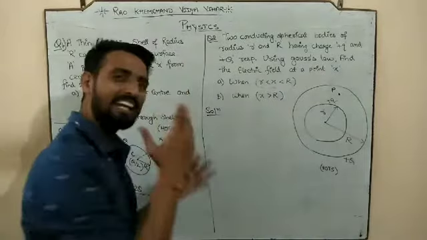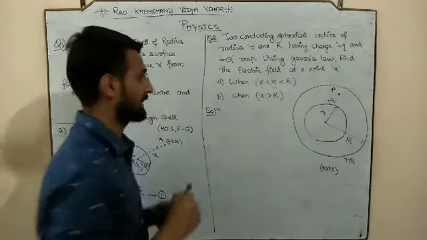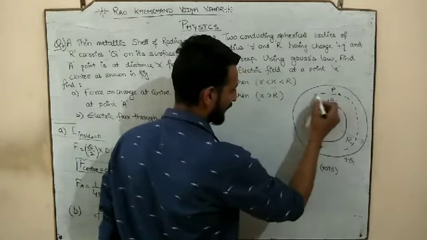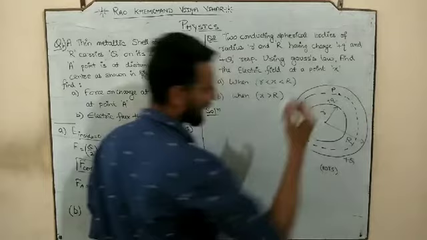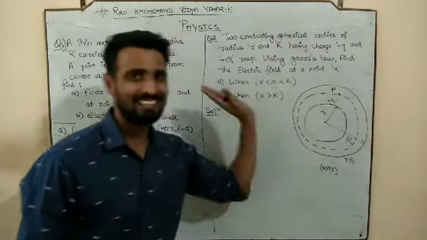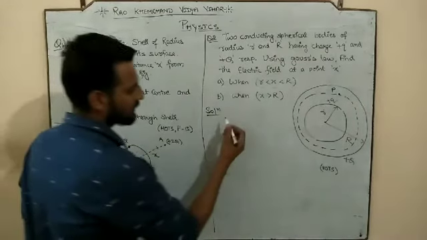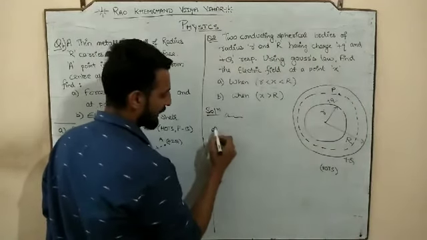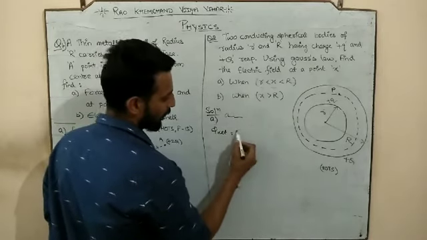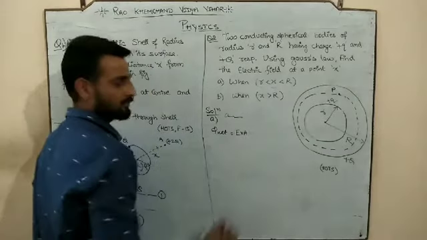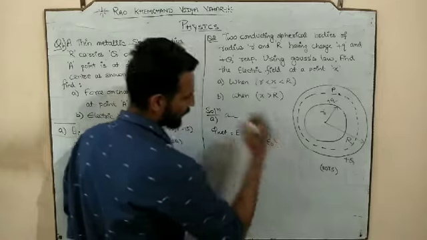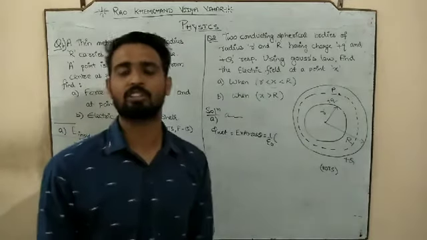Again, I am only going to give you the hint. This is the P point where we have to find the field, greater than small r but less than capital R. You will mention that according to Gauss's law, net flux is equal to E into A into cos theta, equal to 1 by epsilon naught times the total charge enclosed by the Gaussian surface.